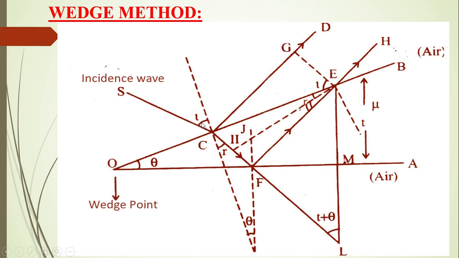Now this angle is i, this angle is 90, so this angle is 90 minus i. We draw a perpendicular on the CD ray from point E. This angle is 90, this angle is 90 minus i, so this angle is i.